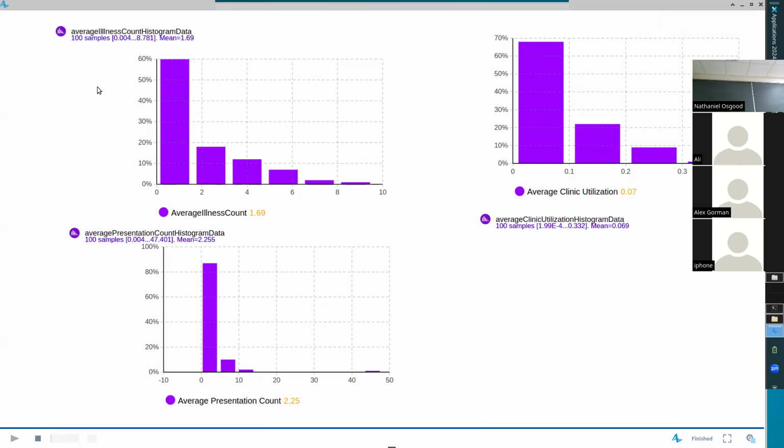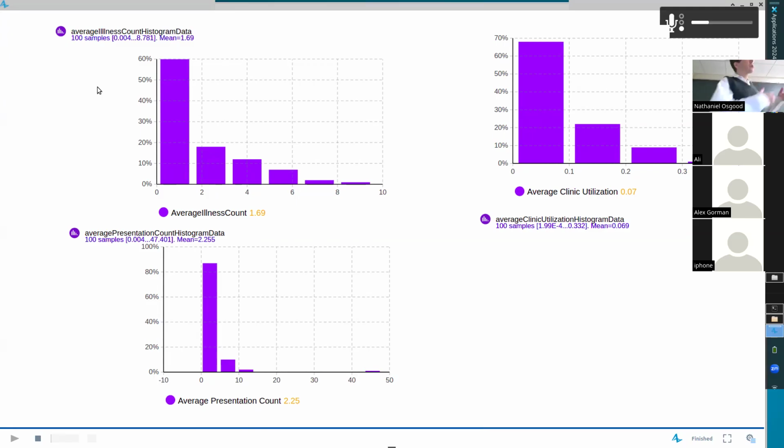You'll notice that the average presentation count is just over 2, the number of times they've gone for care. The average illness count, the number of times people have gotten infected, is just over 1.5. And clinic utilization is between 0 and 0.1 as the single most likely.